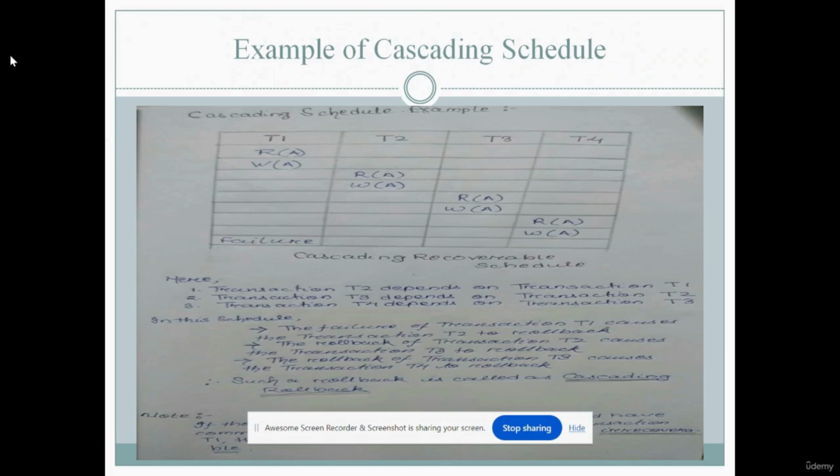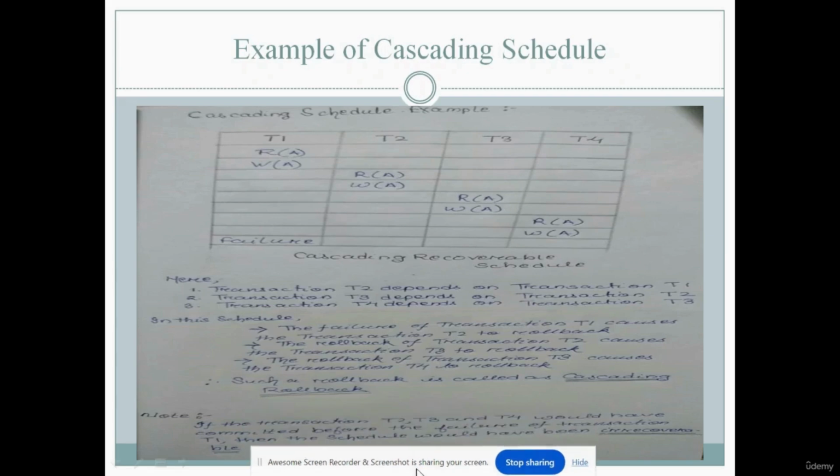In this schedule, the failure of transaction T1 causes transaction T2 to roll back. The rollback of transaction T2 causes transaction T3 to roll back. The rollback of transaction T3 causes transaction T4 to roll back. Such a rollback is called cascading rollback.